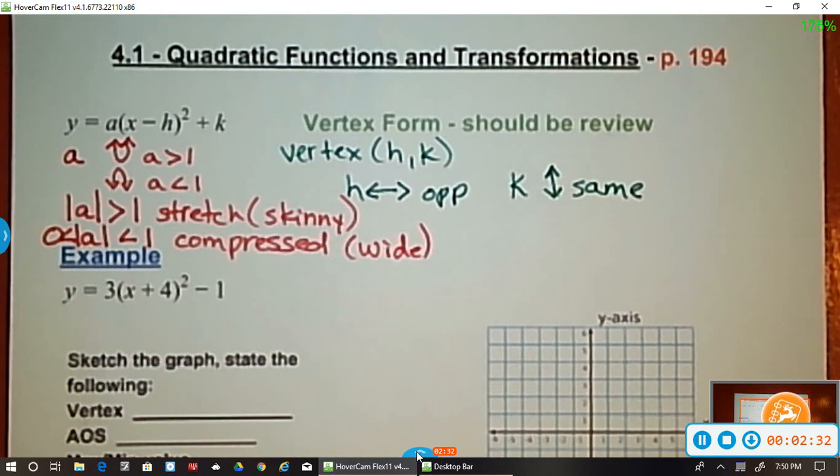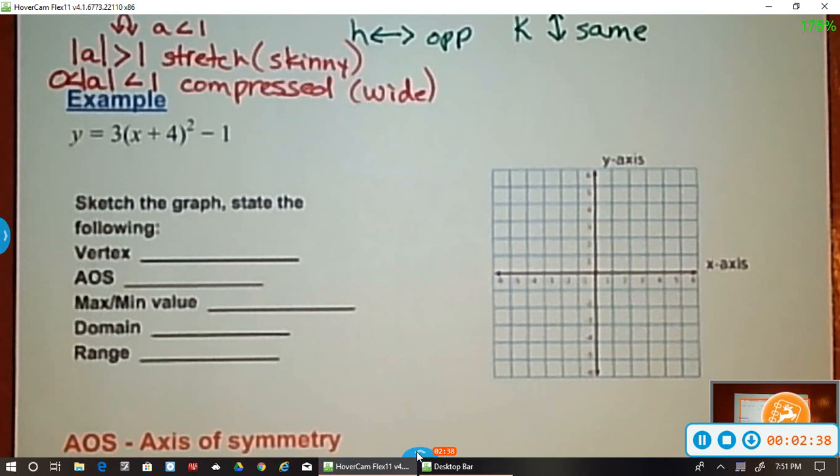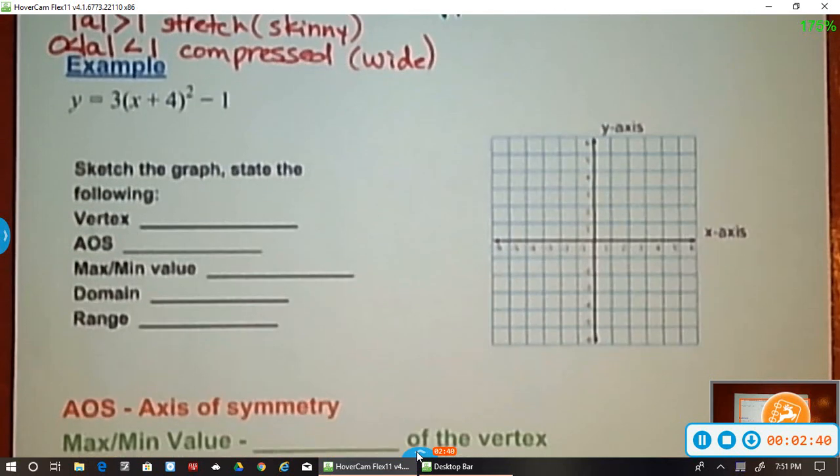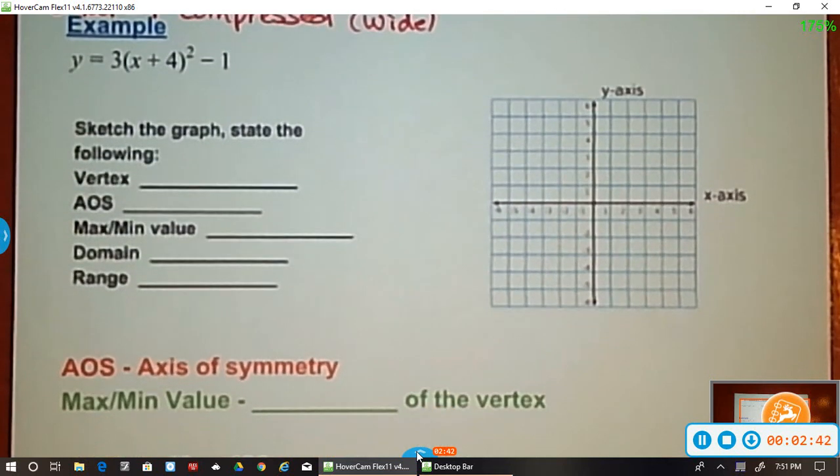So now, here's our first example. Part of this is going to be review, and part of it is going to be new that we're going to add to it, and we're going to add some new vocabulary as we go. So we have the example, y equals 3 times (x plus 4) squared minus 1.